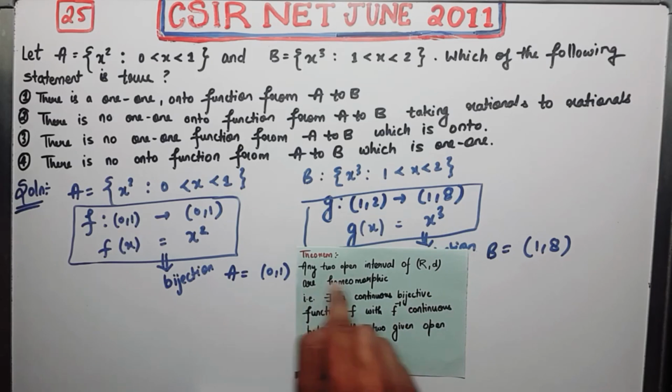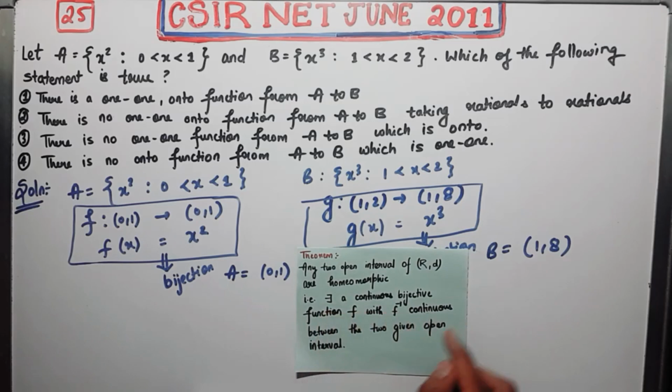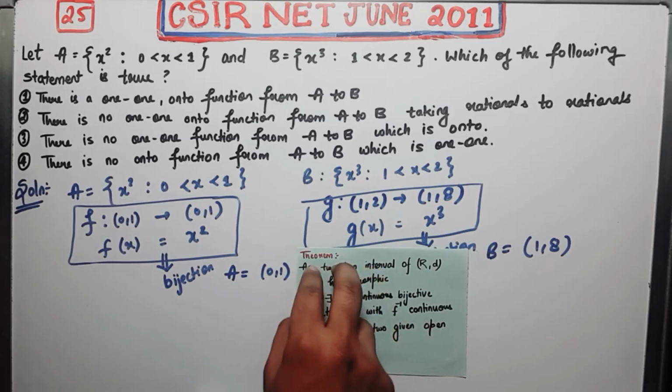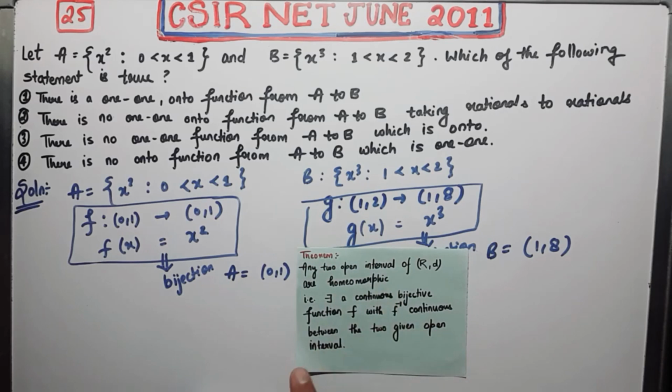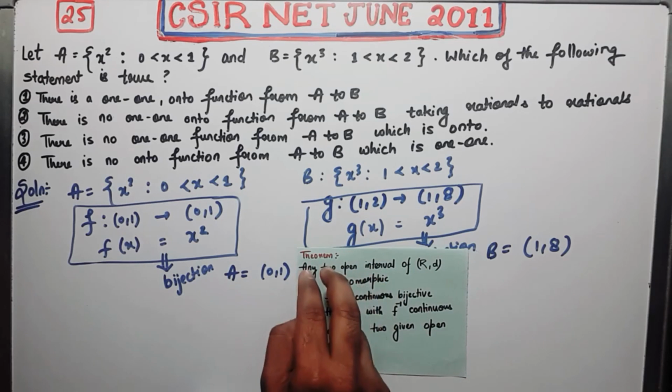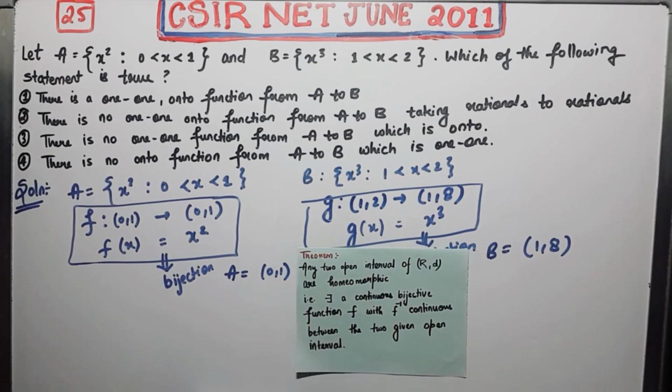So what is the meaning of this term homeomorphic? The meaning is that there exists a continuous bijection. So suppose you have two intervals. If the two intervals you are taking are homeomorphic, then there exists a continuous bijection f with f inverse continuous between the two given open intervals.